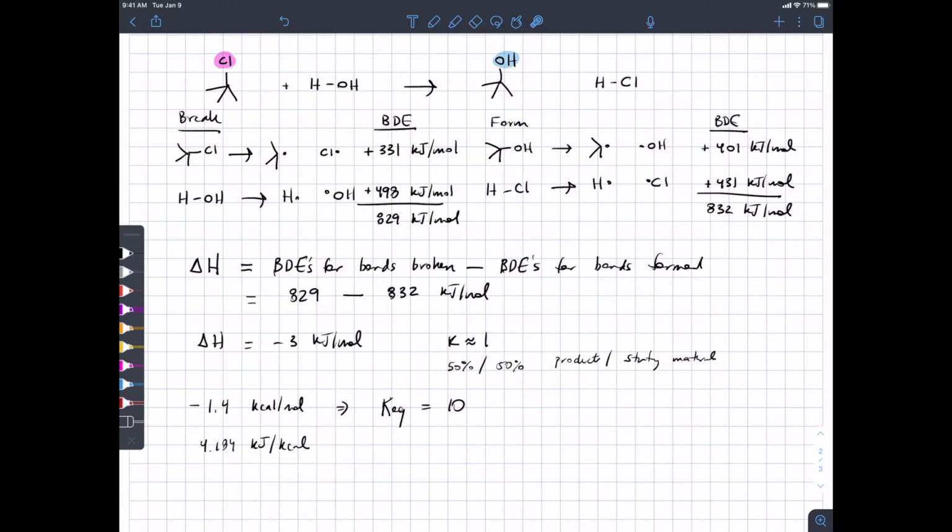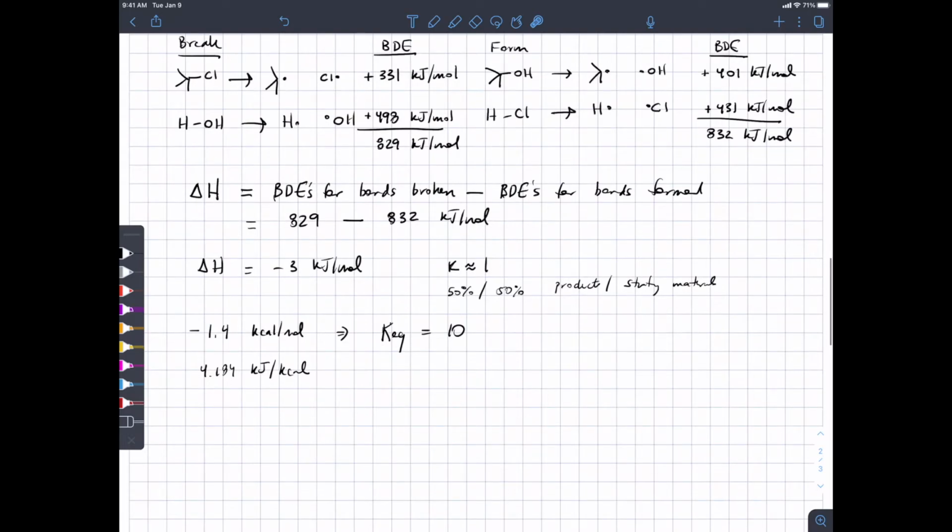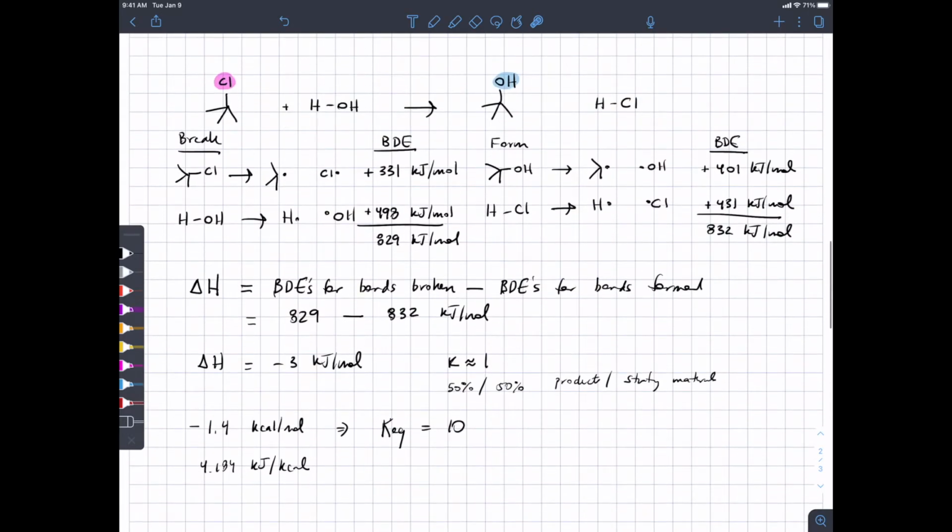All right, so you can estimate whether a reaction will be favorable or not based on that. So would the reaction be favorable? Well, you'd expect it to be basically in equilibrium with the equilibrium constant close to 1.